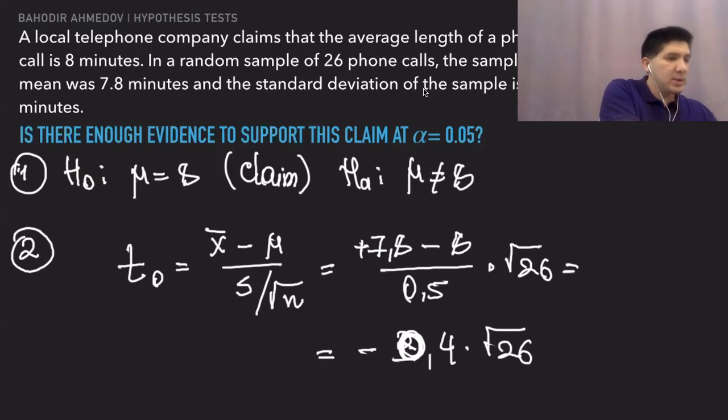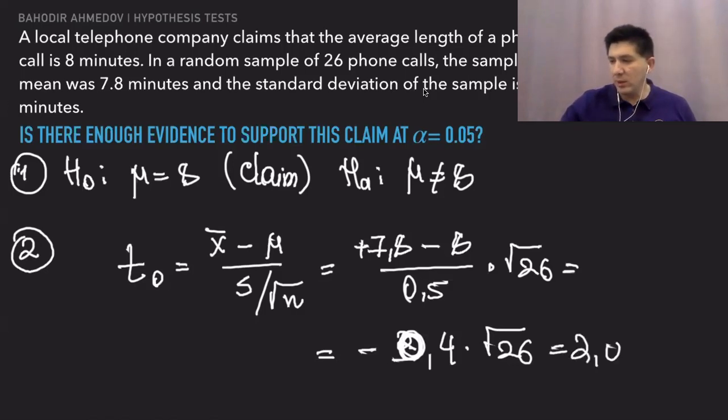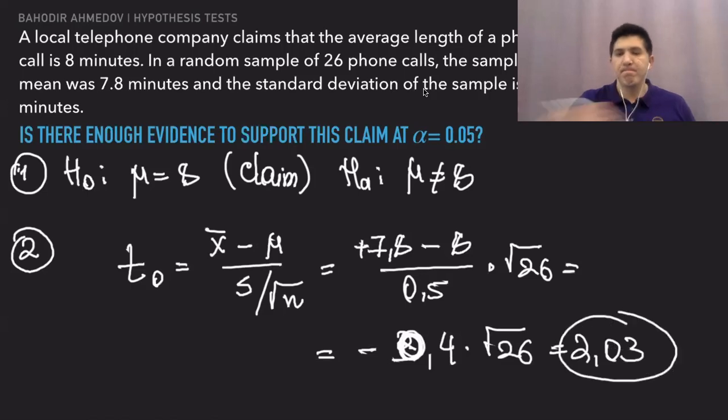So 26 times 0.4. It's going to be 2.03, roughly.